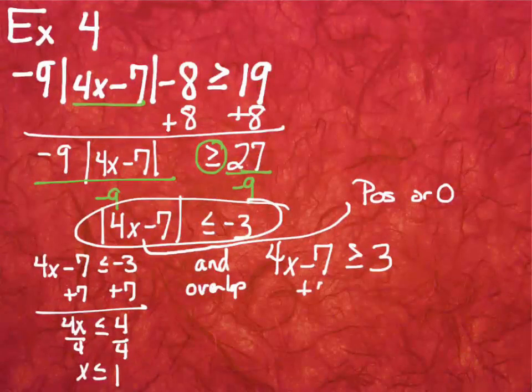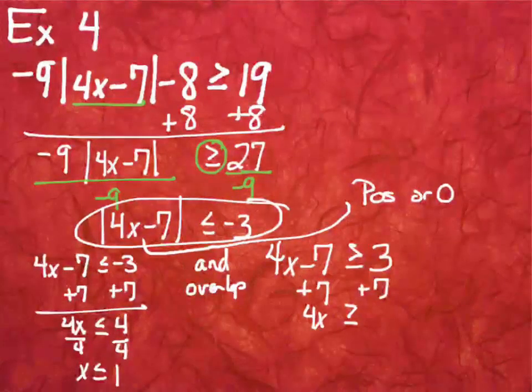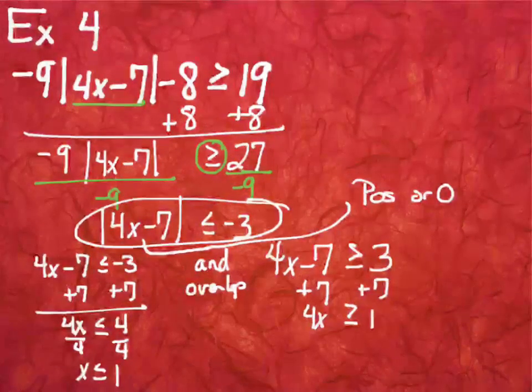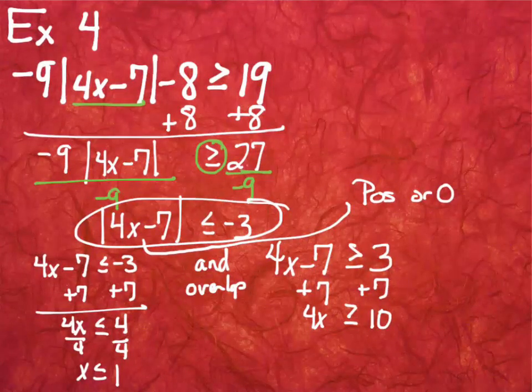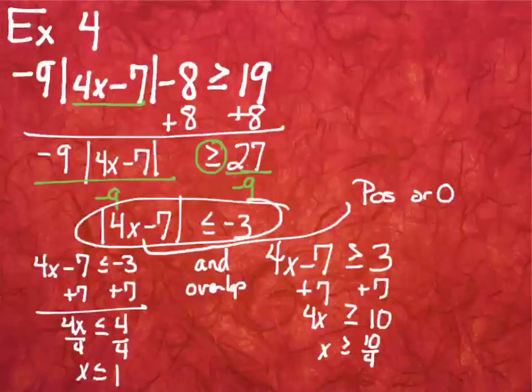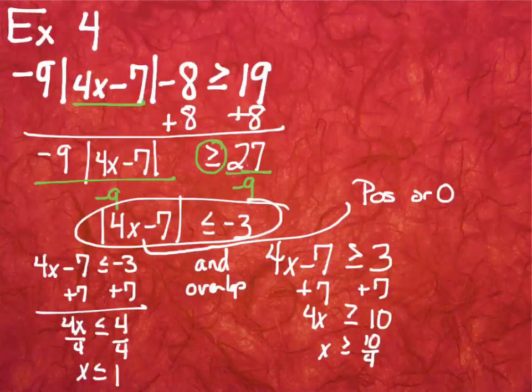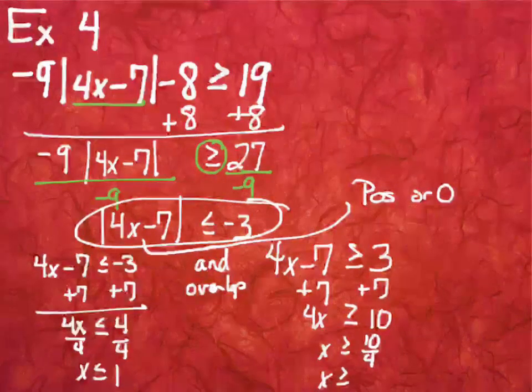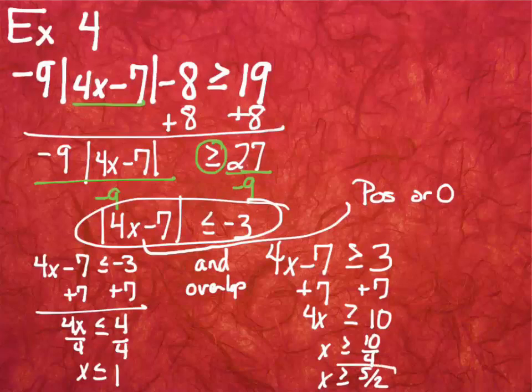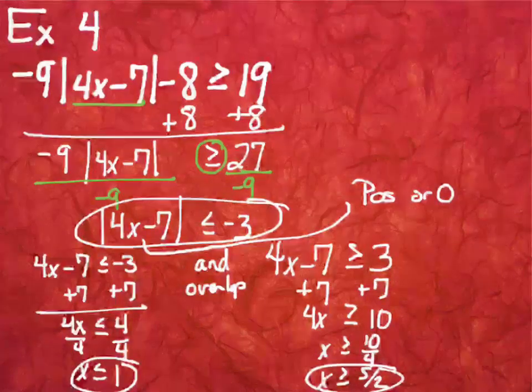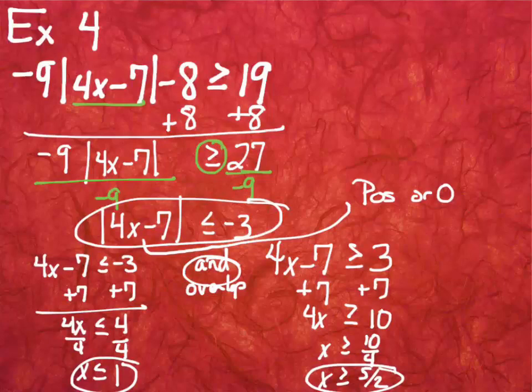On the other side, plus 7, and 4x is greater than or equal to 10, and x is greater than or equal to 10 fourths when I divide both sides by 4, which is the same thing as x is greater than or equal to 5 halves. So these are my two inequalities, and it's an and, so I'm looking for that overlap.